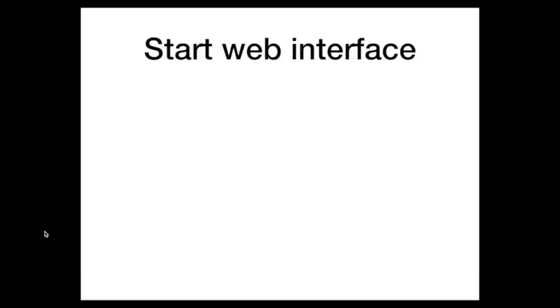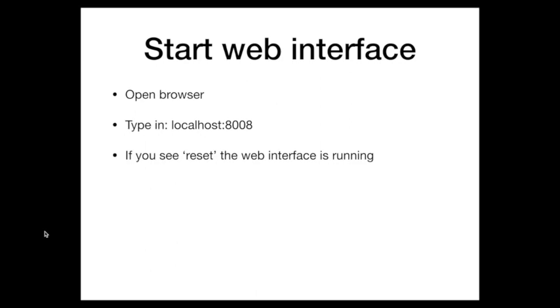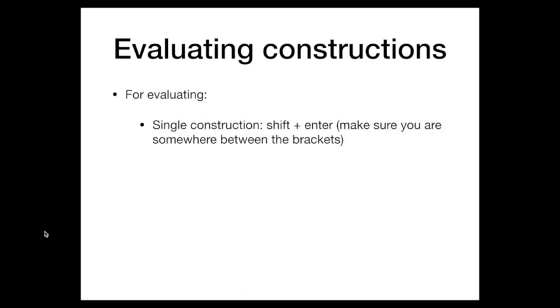It's very helpful to start a web interface for visualizing all the constructions and the comprehension and formulation process. You can start the web interface by opening your browser, going to localhost 8008, and if you see reset, you know the web interface is running. Then one last thing that I explained is evaluating a construction.